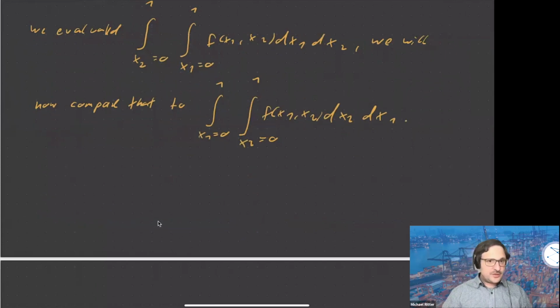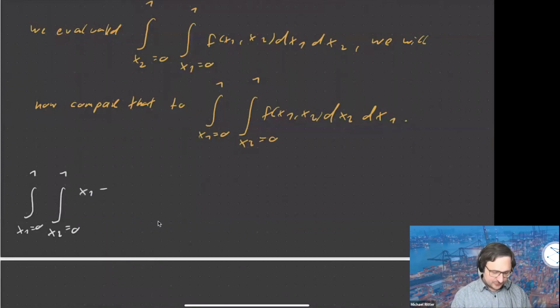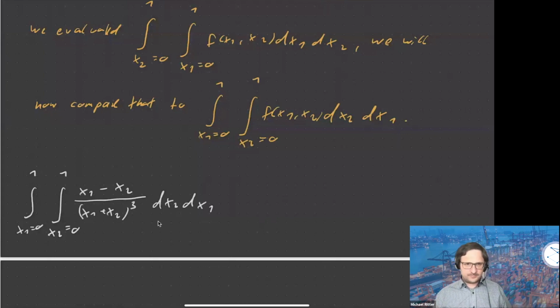Okay, so how do we do that? Let's evaluate that integral. So x1 from 0 to 1, x2 from 0 to 1. And the function is again x1 minus x2 over x1 plus x2 to the power of 3 dx2 dx1.